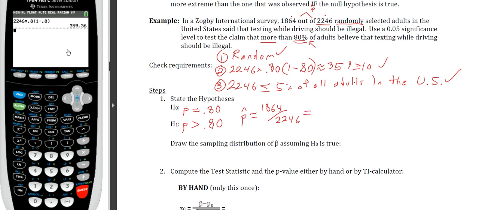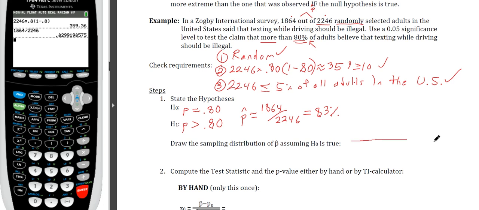If I just look at what P hat is, 1864 divided by 2246, that is 82.9%, or about 83%. That is higher than the supposed value of 80%, but our question is, is that significantly higher? That's going to be our question here.